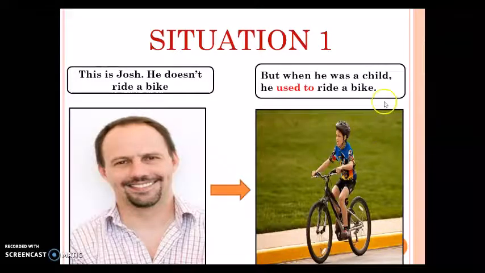It's the same Josh, but in the past, of course. When he was a child, he used to ride a bike. So you have this first situation in which the first one is in the present and this one is in the past.